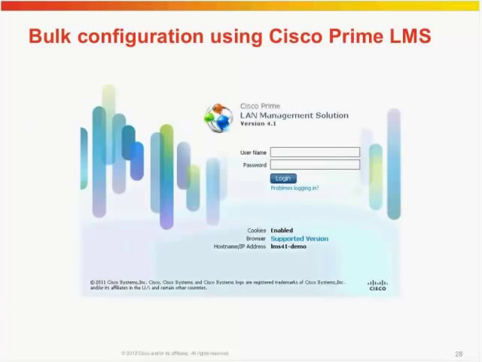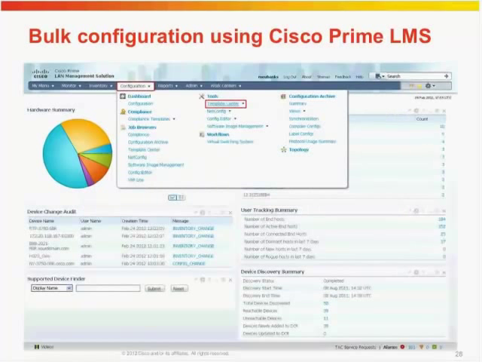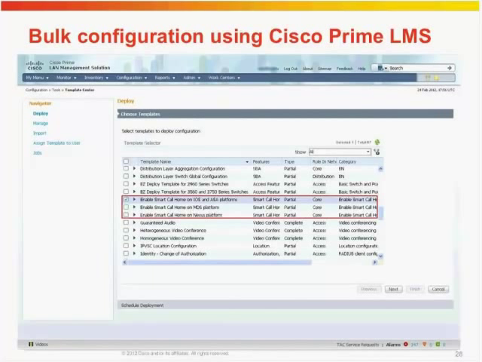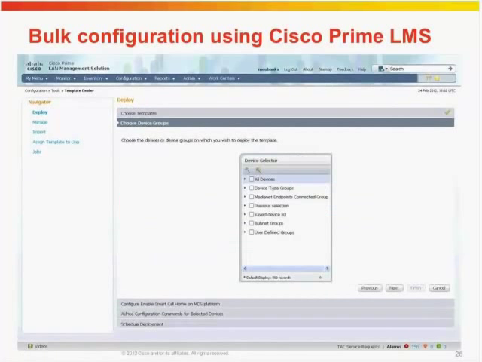To do so, the customer would log on to their Cisco Prime deployment, choose the Template Center under Configuration, select the required templates for the target devices, choose the group of devices to push config to.